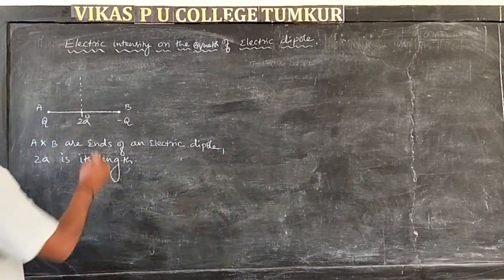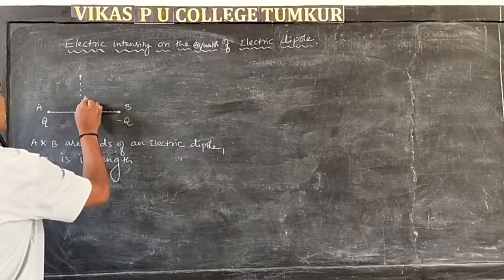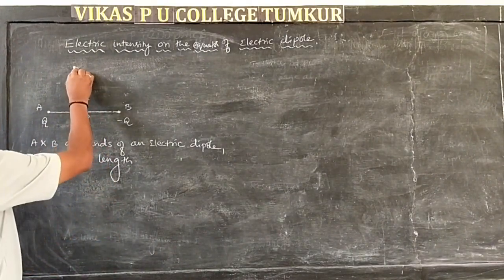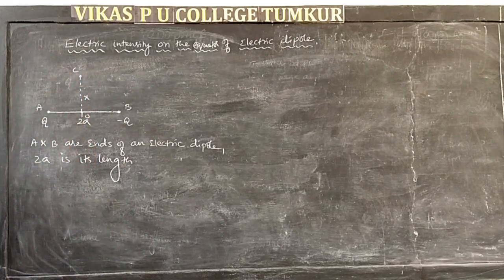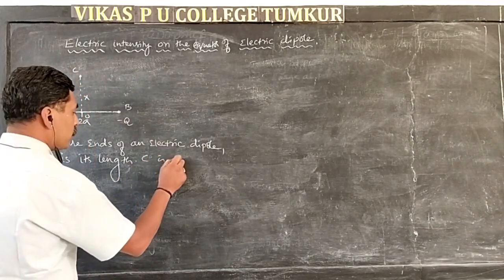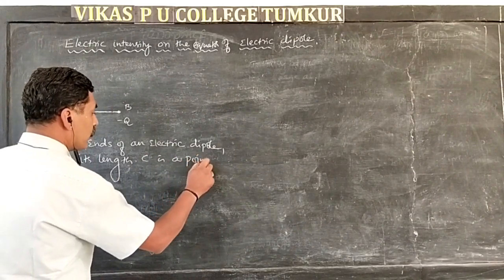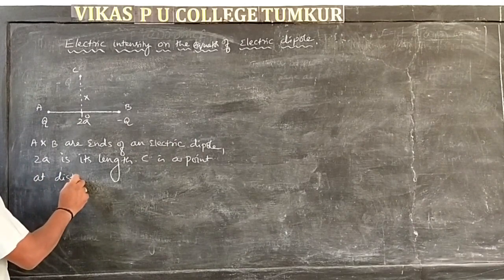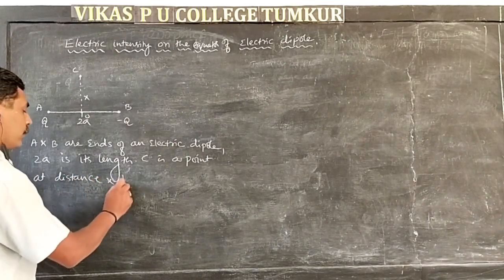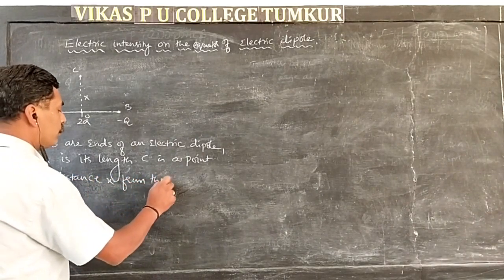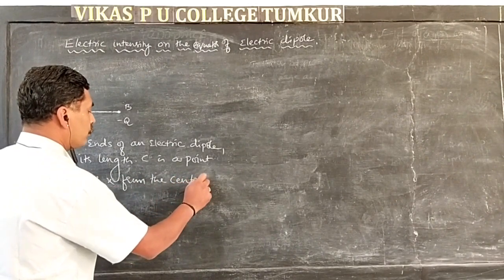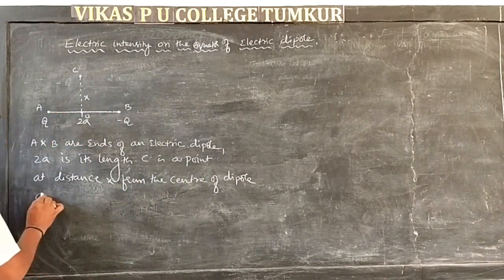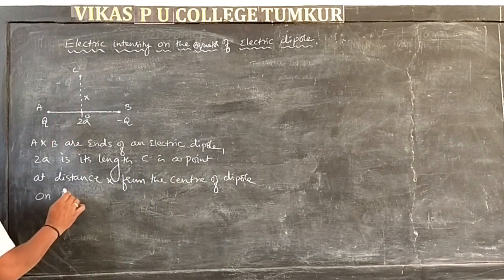So equator ಮೇಲೆ at some distance x from the center of the dipole, I assume a point C. So I write here C is a point at distance x from the center of the dipole on its equator.